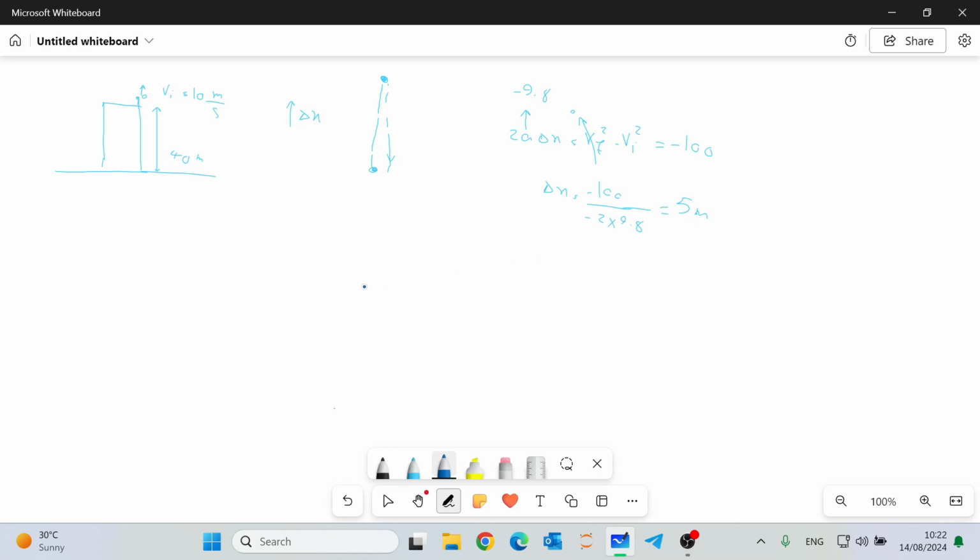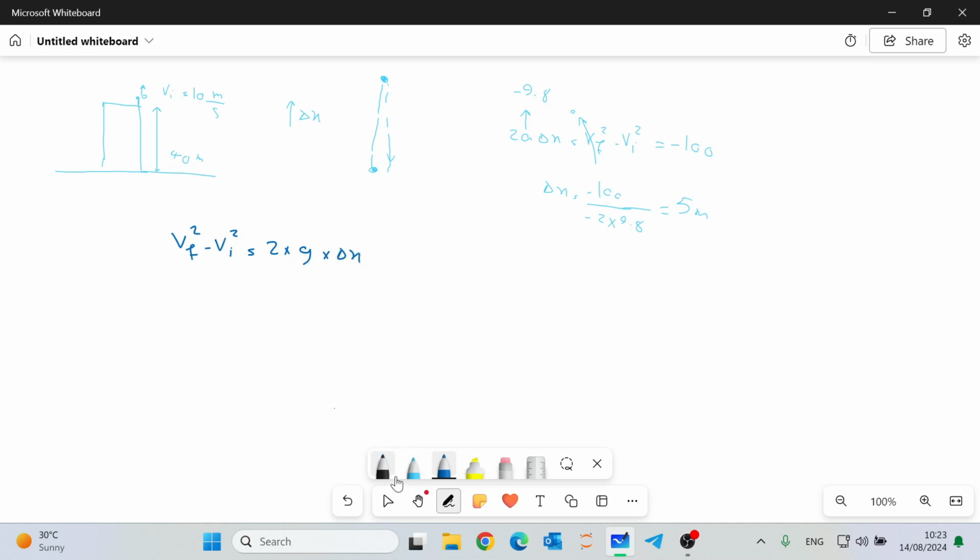Then I want to know what would be the speed when the ball goes up and comes down, before hitting the earth. So I want to know the vf here before hitting the earth: vf squared minus vi squared equals again 2 times g times delta x.